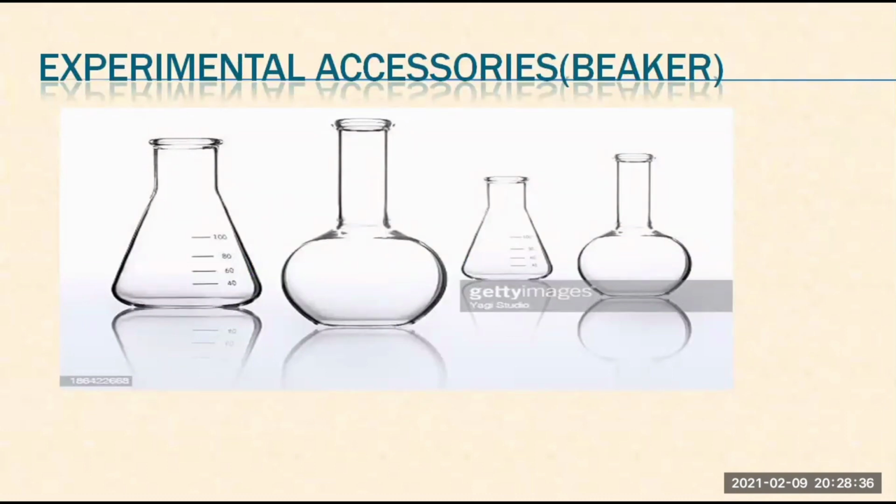That means different labels are marked on that container. These containers have different shapes, according to the experiment. So altogether, we can say these are beakers. So you have seen the different types of beaker here.